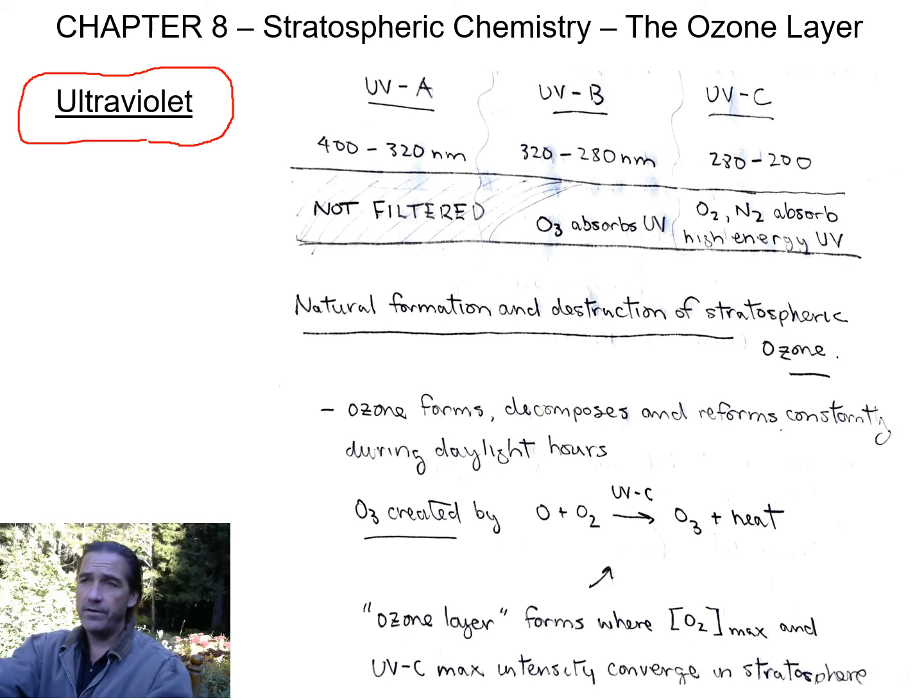And so we can break down UV into UVA, B, and C. UVC is very high energy, low wavelength, and then towards UVA, this is approaching visible.